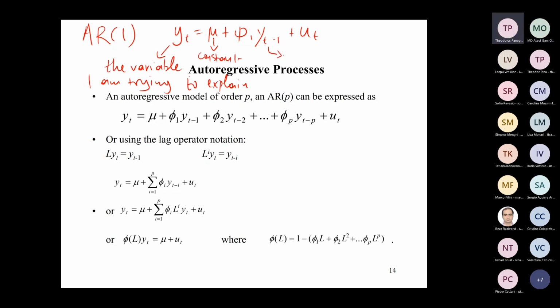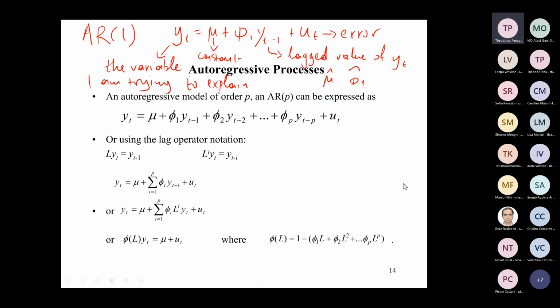What is yt minus 1? This is the lagged value of y. Phi 1 needs to be estimated, it's the coefficient, and u is the error. So from this model, I want to estimate mu and phi 1.